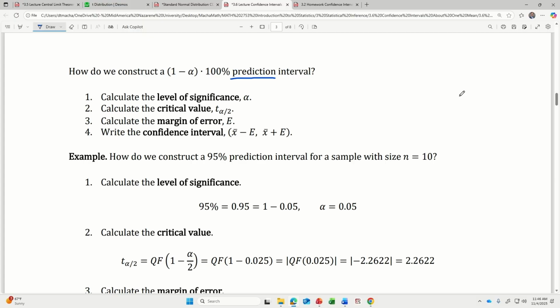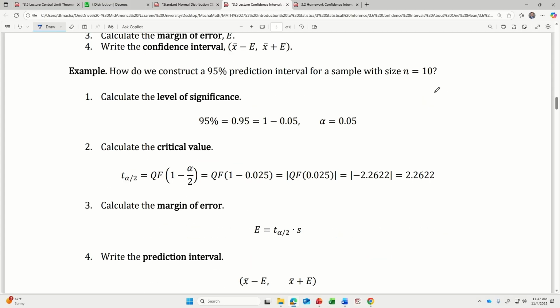So if I wanted a 95% prediction interval, the level of significance is going to be 0.05. That should look kind of familiar to you, right? 95%, you've got 5% missing, 5% as a decimal is 0.05. Then we calculate a critical value. And for that critical value, I would have to do what we just did, look up in the t-distribution quantile function what would be half of alpha, right?